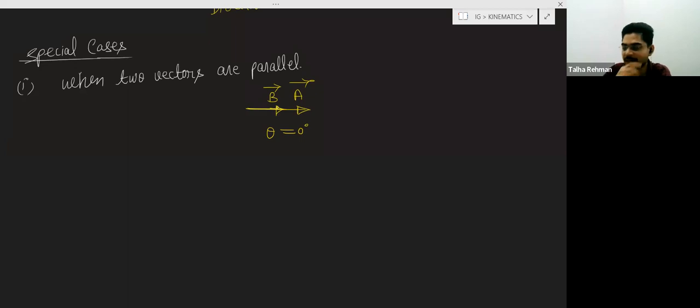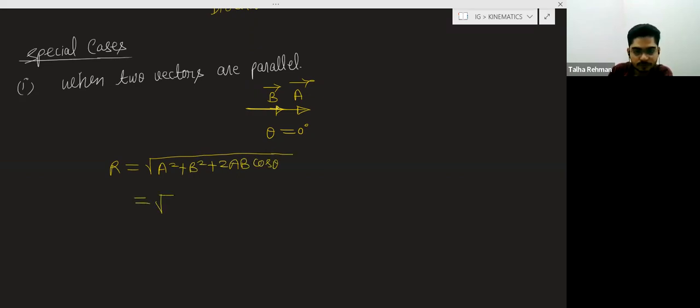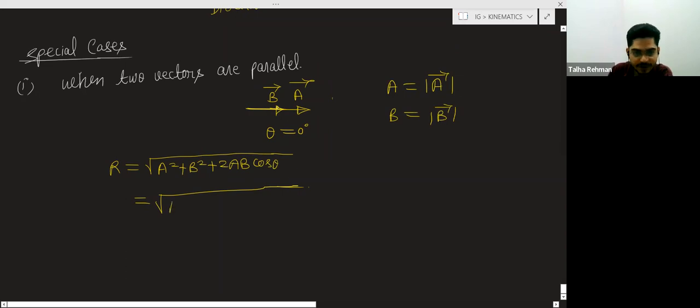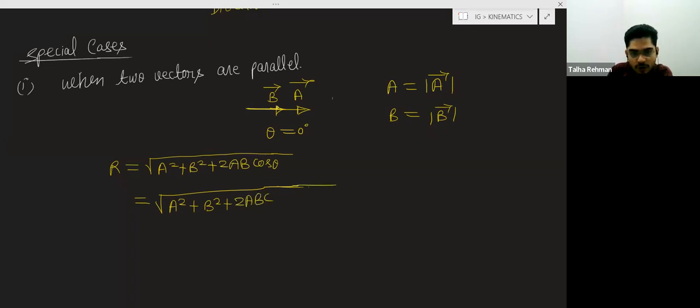Now we can find the resultant of A and B. So what is the formula of the resultant? Under root A square plus B square plus 2AB cos theta. Basically, A is the magnitude of A vector and B is the magnitude of B vector. So you can write here A square plus B square plus 2AB cos 0.